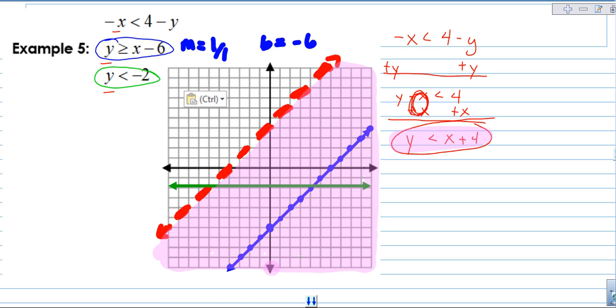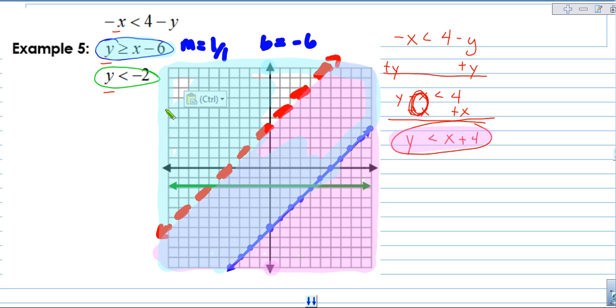The blue line right here, we're still referencing the y's, and we want the y's that are greater. So I'm going to shade up here, everything. Notice how I didn't stop at the red dashed line, I kept going through it, and then I color in everything here.